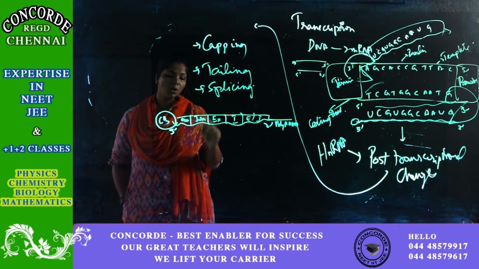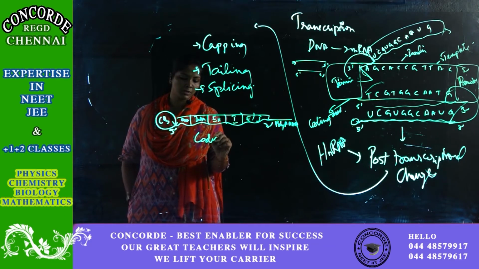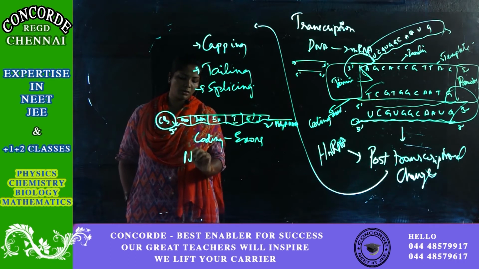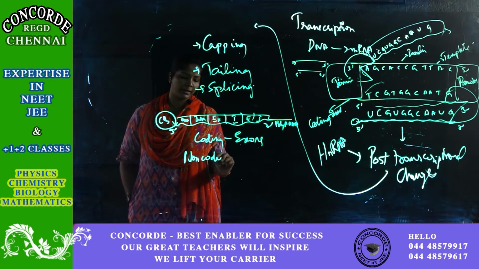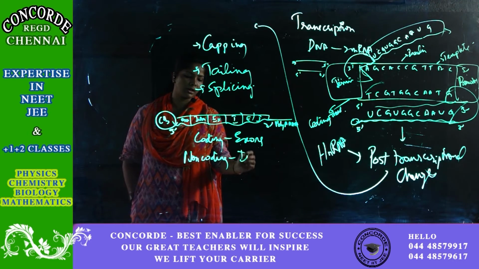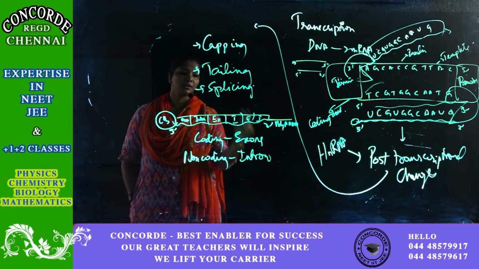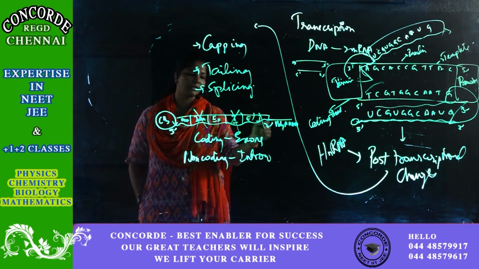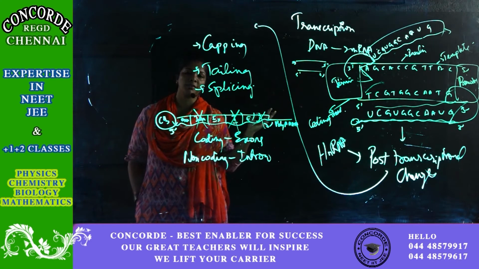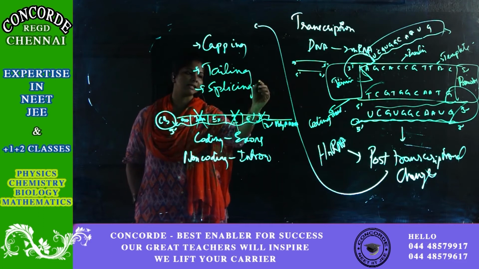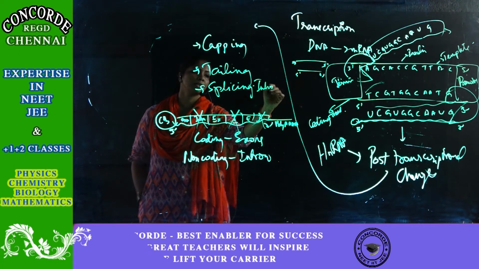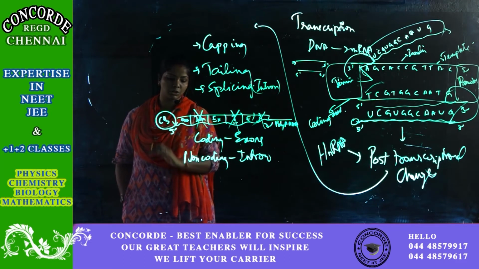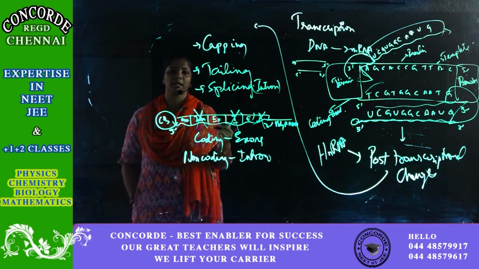The coding sequences, the ones which are required, are called exons, and the non-coding sequences which are not required and are to be removed are called introns. So the process of splicing involves removal of non-coding sequences and joining of exons. It's called intron splicing. The introns are all removed and exons are all joined together. That process is called splicing.